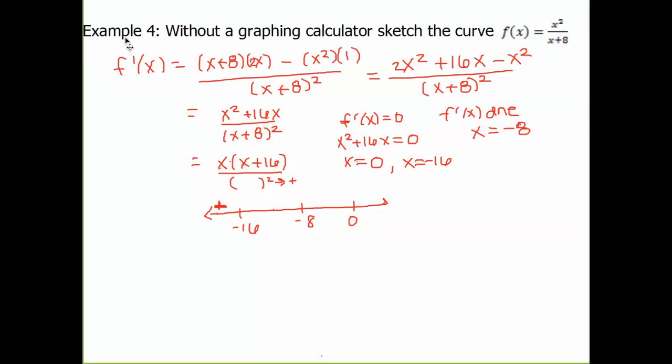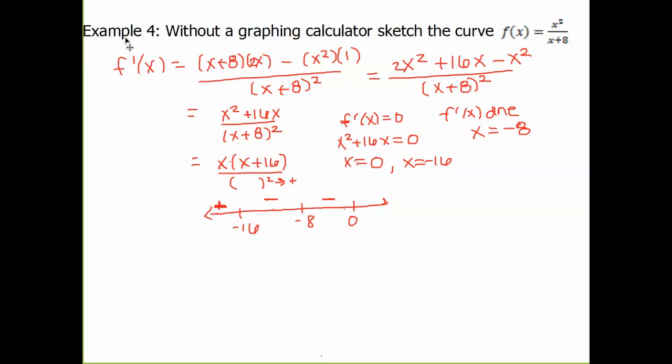Plugging in like -10, you have -10, which is negative, -10 plus 16, which is positive. So you have a negative over a positive, which is a negative. Plugging in -1, because it's the closest to 0 without being 0, you have a negative, you have a positive, so you get a negative.